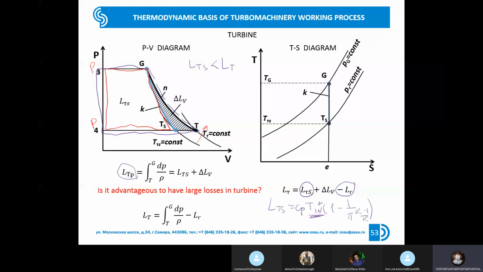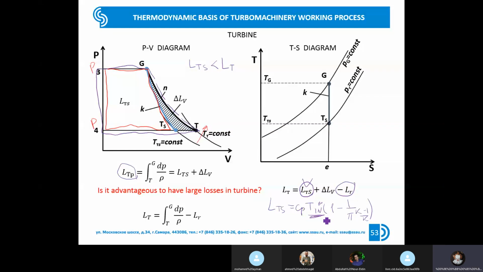And let's imagine the process. We have an expansion process, and we spend energy to overcome losses. It leads to this equation. It means that we can receive additional work.